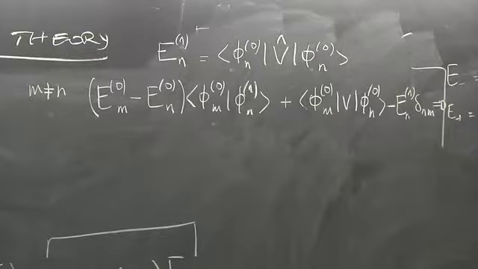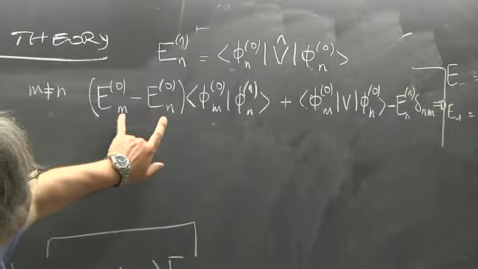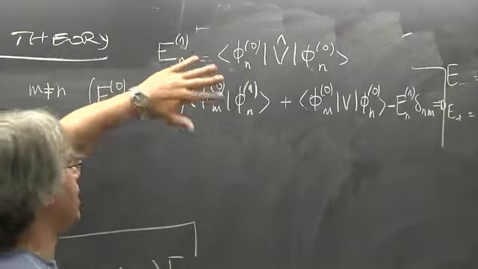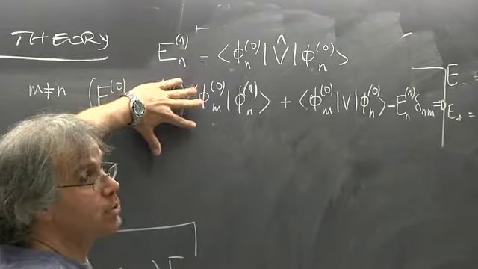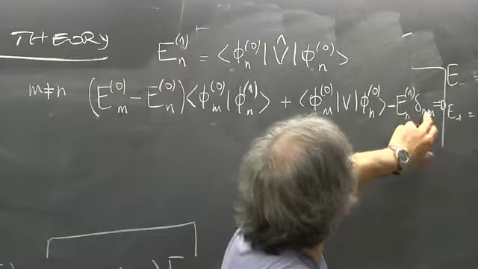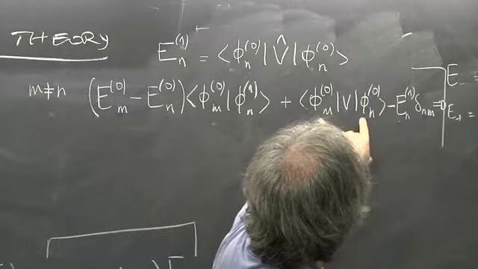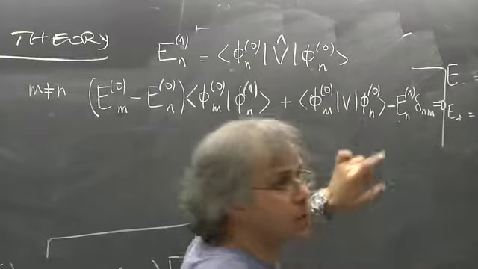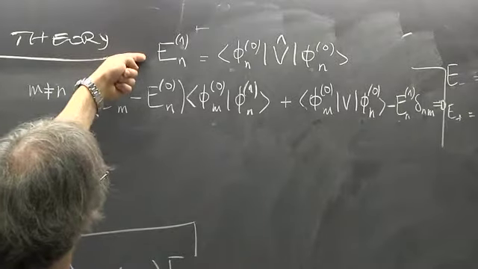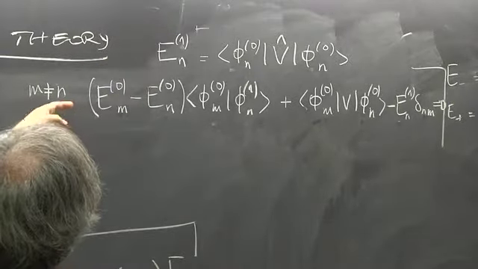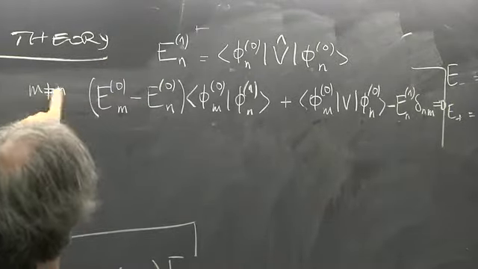By the way, if I do the case m equal to n, I recover the previous result. So this drops, the delta is 1, and I get that this is equal to the matrix element in the diagonal, okay? So this equation is simply coming from this line if I put m equal to n.